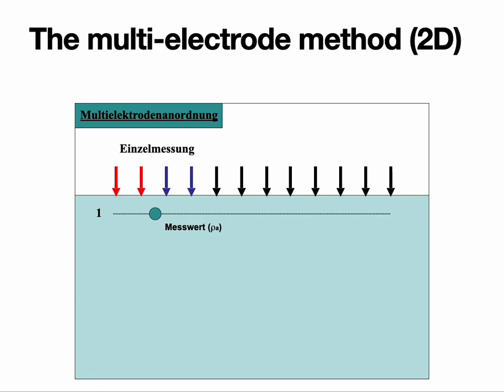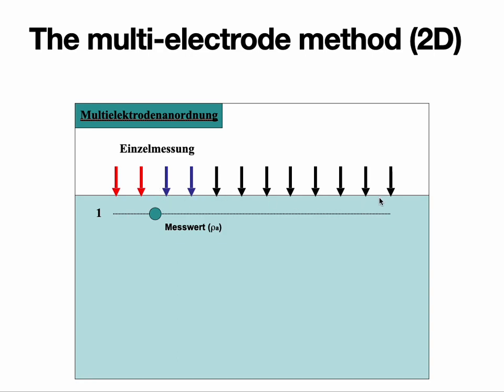Now we want to discuss the multi-electrode method. We consider a surface here, and at the top of the surface we will put a lot of electrodes. The red ones will inject the current, and the blue ones will measure the electrical field.